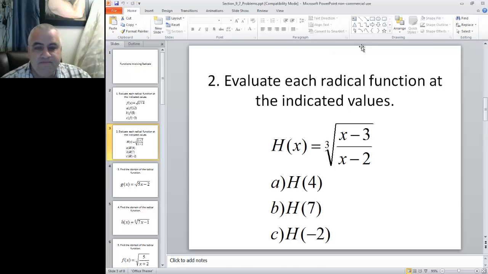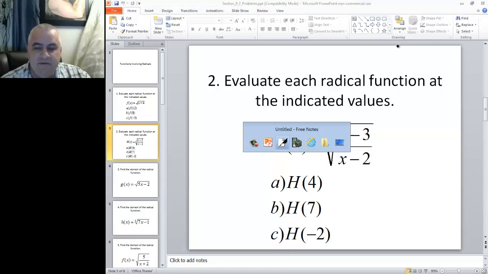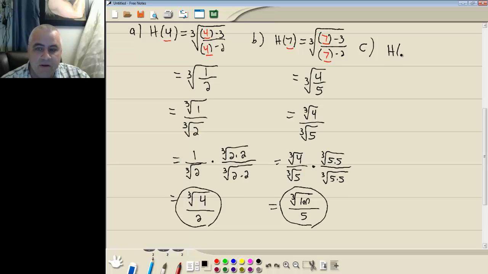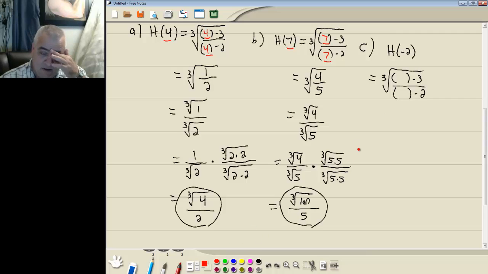Okay, part C. We got h of negative 2. Now again, we're going to go through, and everywhere we have a variable, we'll put in parentheses. So we've got parentheses minus 3 over parentheses minus 2. Whatever number we have inside the parentheses right here, we'll put right here and right here.